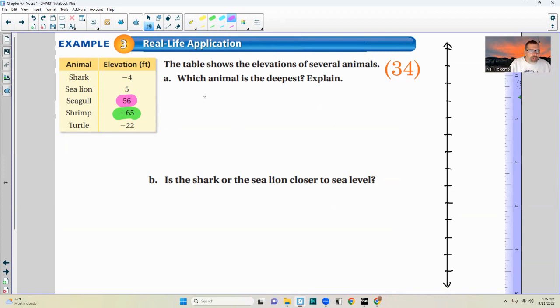So if I go every 10, and that's how you try to figure out what your unit of measurement is going to be. So I'm going to come down here and I'm going to start just a little lower than -65, and I'm going to start at -70. And then do increments of 10. Okay, so you fill this in.